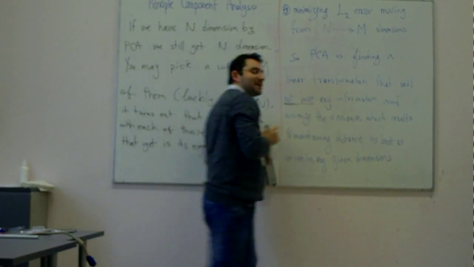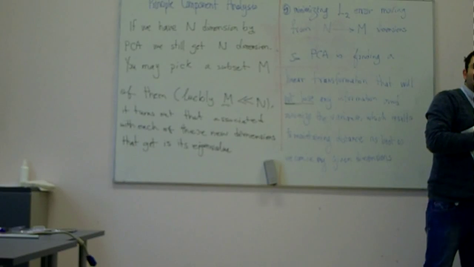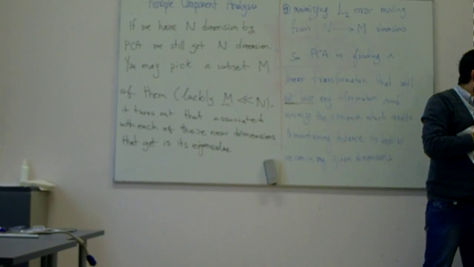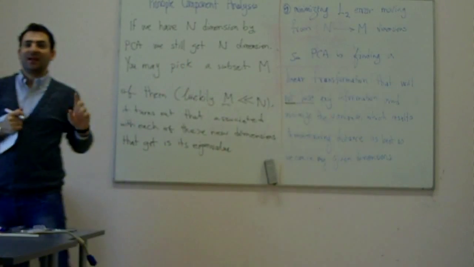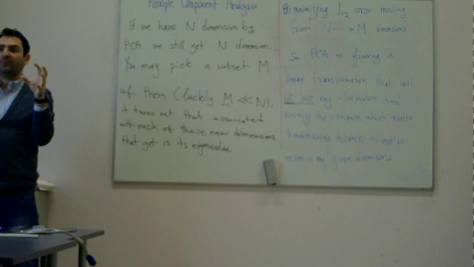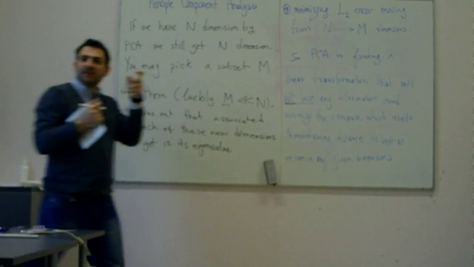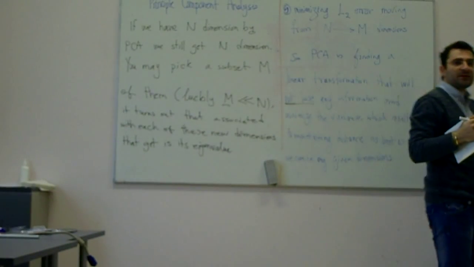So PCA will give us these dimensions and will assign to each of them one eigenvalue. That's why knowing the eigenvalue is very important, because if you know the properties of the eigenvalue, you know the properties of these directions.